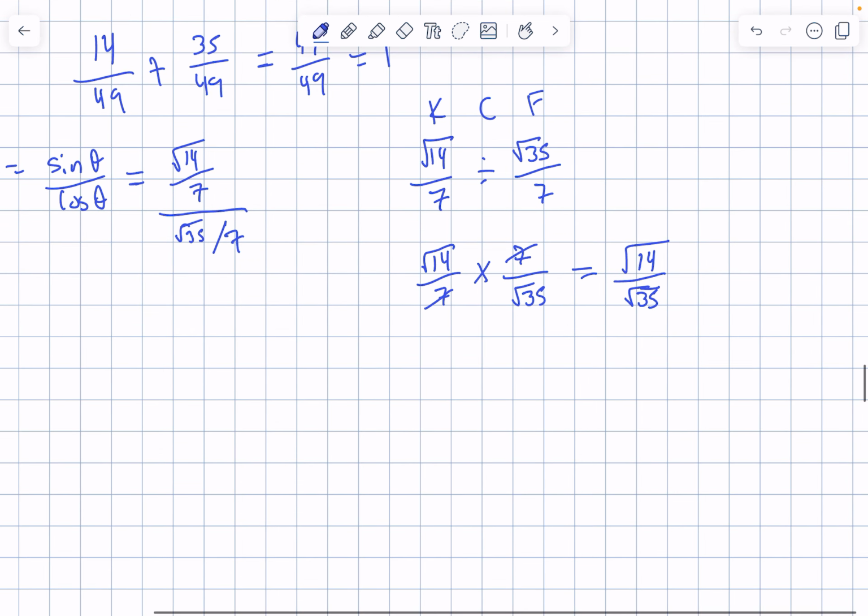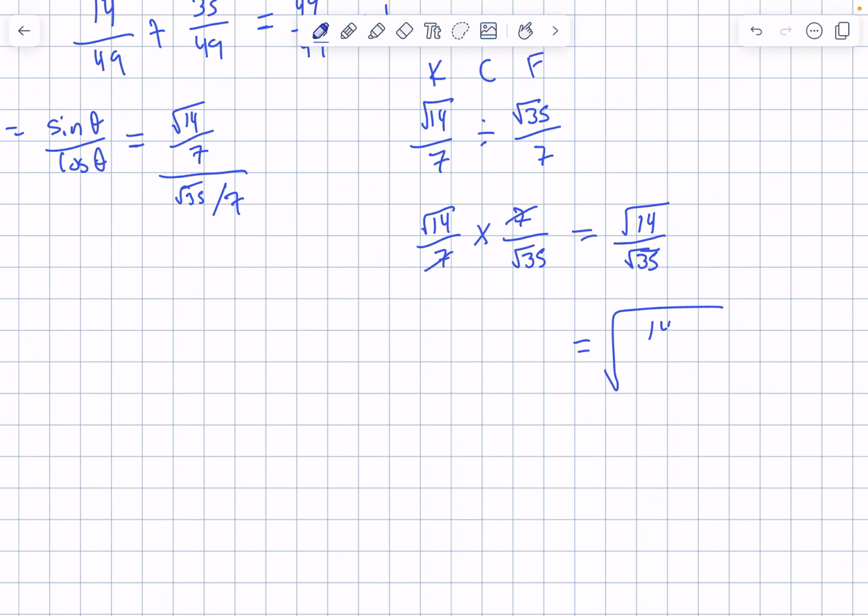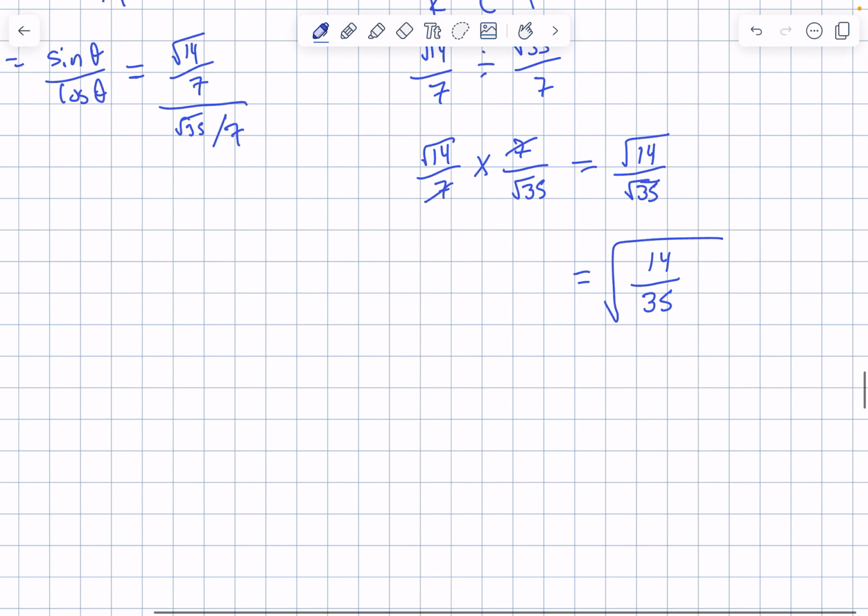Now, this is a little bit more of just an algebra trick, where I can write this over a square root of 14 over 35. And I can simplify this inside, so it becomes square root of, I divide by 7, so 7 by 7, so I get 2 over 5. Can I do that? Yeah, I can. Let me just verify that that's correct, because that seems like a big jump, but yeah, I can do that.